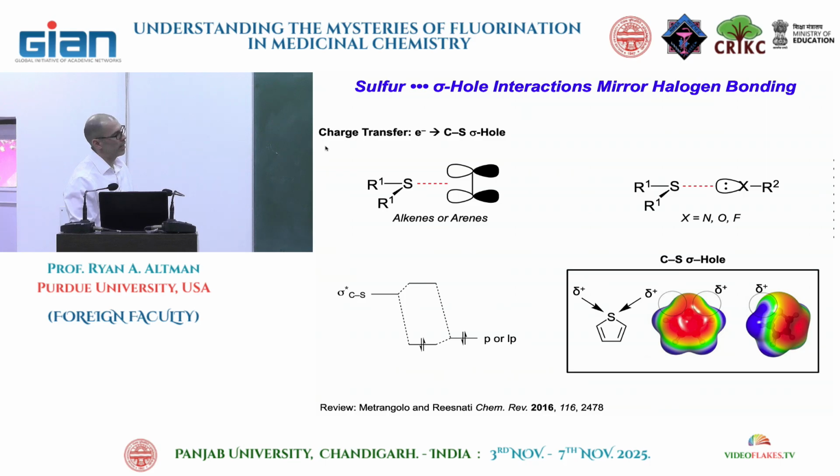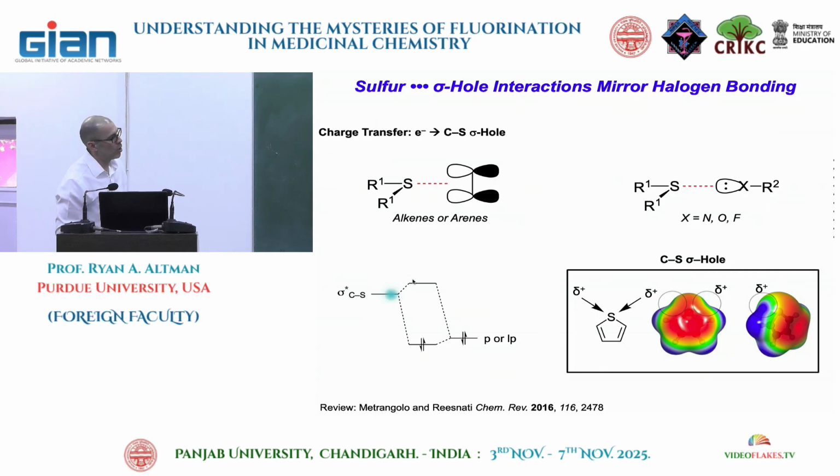So the orbital mixing diagram would look very similar. You have a sigma star from the CS bond. When it overlaps and you get this interaction with either the pi system or the lone pair of electrons, the electrons donate into the new mixed molecular orbital, this bonding orbital, but the anti-bonding orbital is vacant.